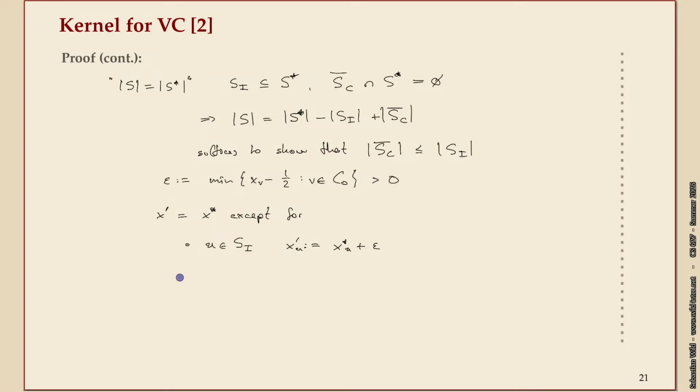And for the vertices in SC bar, we subtract the epsilon. And we know that this leaves the value at least 1/2 still, because epsilon was chosen so that for all of those there's more than that of slack. Yeah, epsilon is greater 0, but then the difference is greater or equal 1/2. Okay.